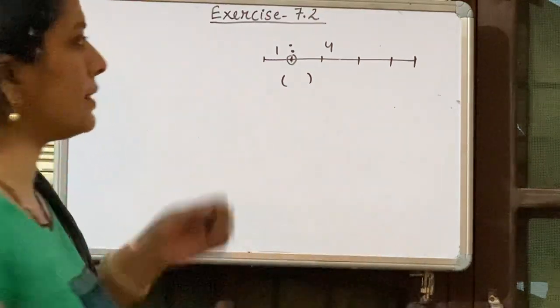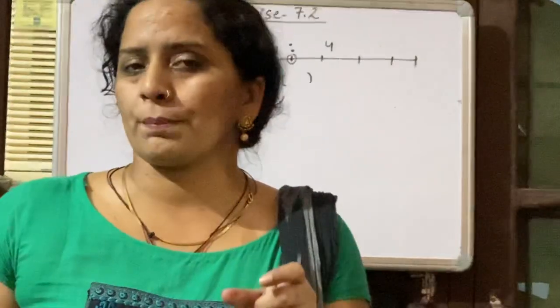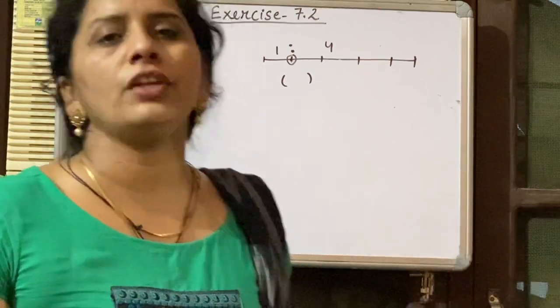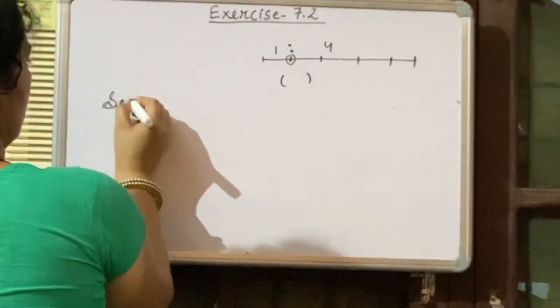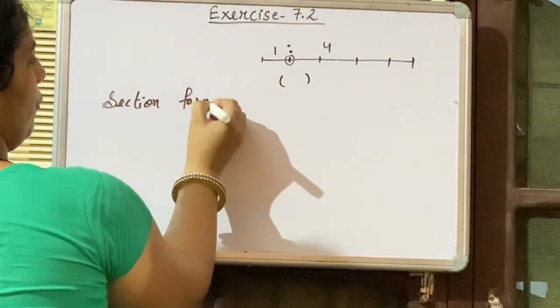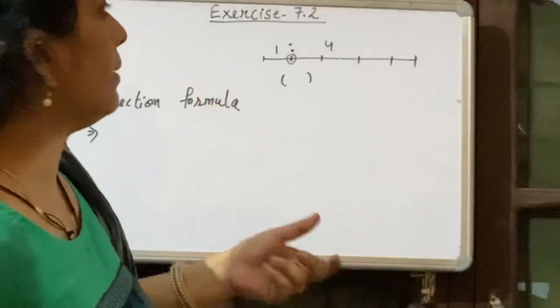And for this purpose, if you have to find out the position of this point, a definite formula is given, that is called the section formula. How can we describe this formula?